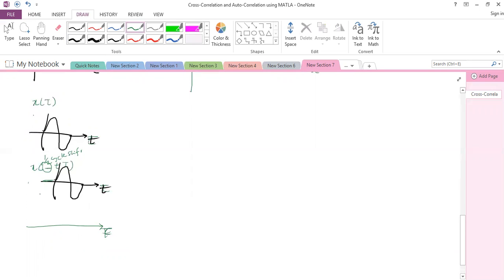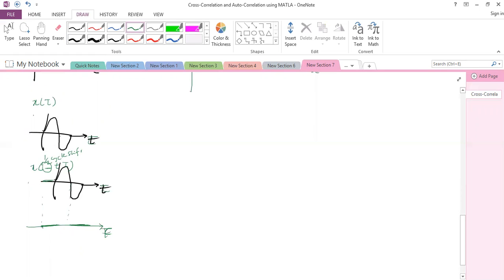Here it will be 0, up to here it will be 0. And then from this half cycle onwards again that will be 0. Only in between we have a negative half cycle overlapping with a positive half cycle.